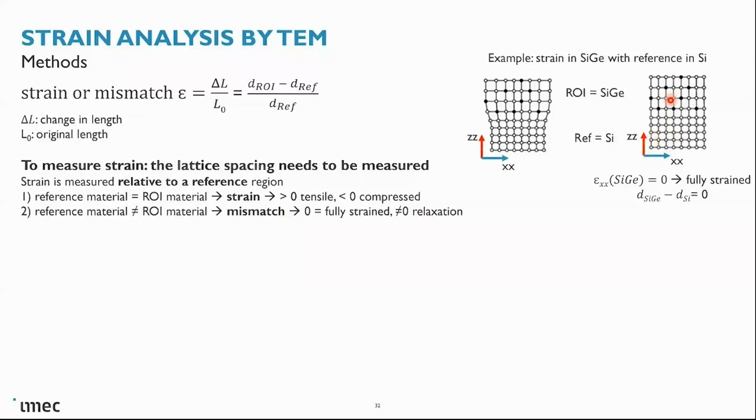When the mismatch is 0, it means that the material, our silicon germanium in this case, is fully strained, because this difference will be 0. The lattice parameter of the silicon germanium matches completely the lattice parameter of silicon. If the mismatch is different than 0, then we have a certain degree of relaxation.